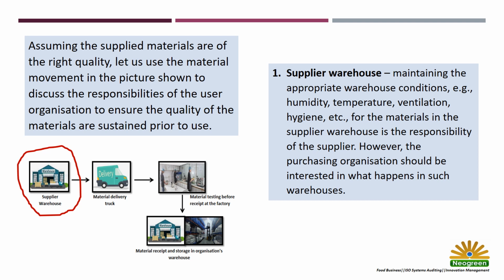Maintaining the appropriate warehouse conditions, e.g., humidity, temperature, ventilation, hygiene, etc., for the materials in the supplier warehouse is the responsibility of the supplier. However, the purchasing organization should be interested in what happens in such warehouses.